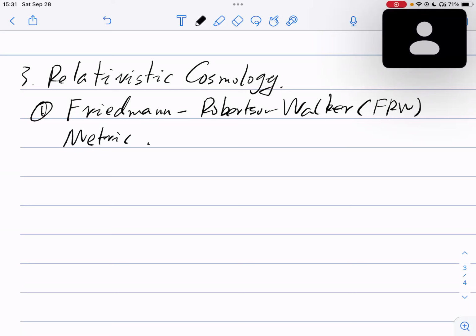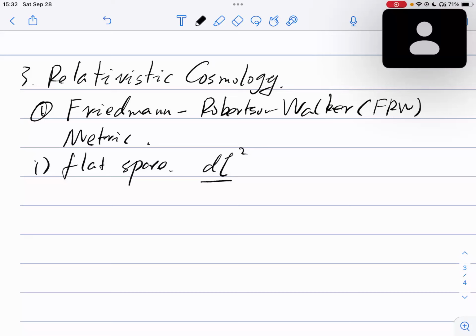You can use these operations to define this symmetry, and you can find that the simplest space obeying this symmetry is just a flat space, where the line element is dl squared. Notice that this dl is just in three-dimensional space, not relevant to time.